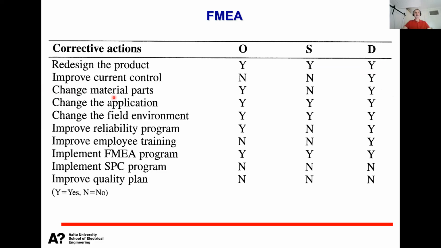If you change the material of the part, so let's say you take a stronger material or a material which has higher fatigue resistance, then it changes the occurrence, but of course it does not change the severity of the mode. And most probably it is either or. So it can affect the detection, but there is also the possibility that this is no.